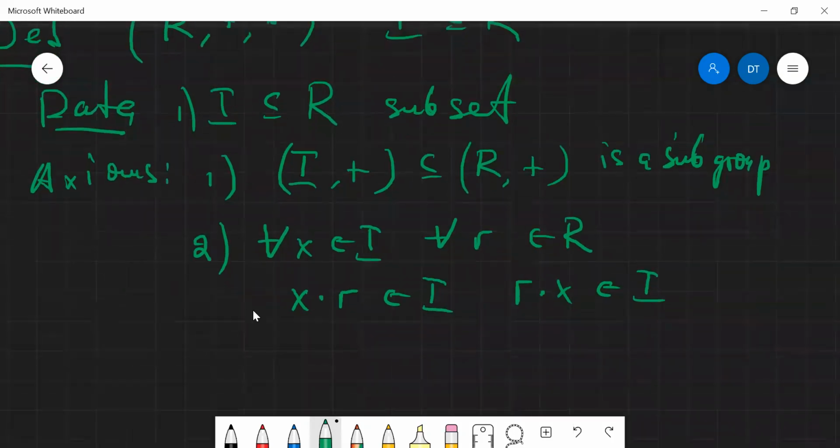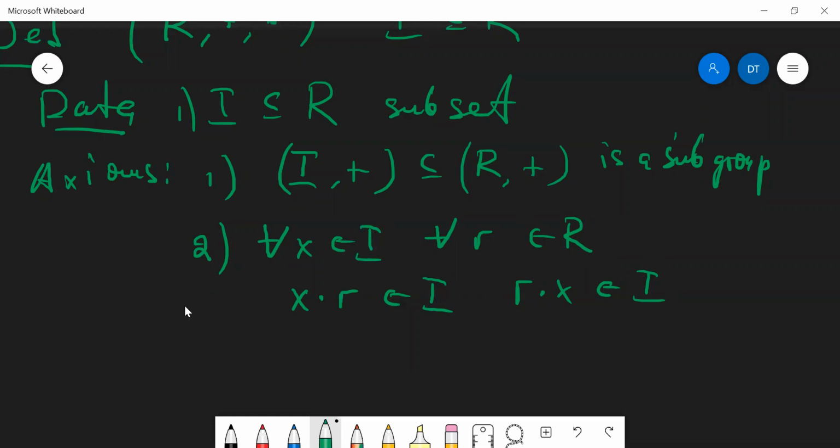And also, we may multiply any element of the ideal by any element of the ring, and the result will be inside the ideal. Here it's much stronger than being closed under multiplication. If we take any elements of I, the product must be inside I. But we need more.